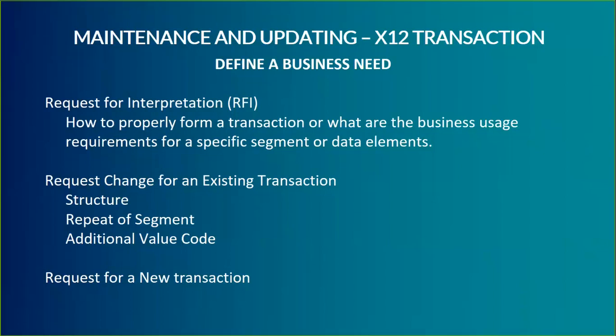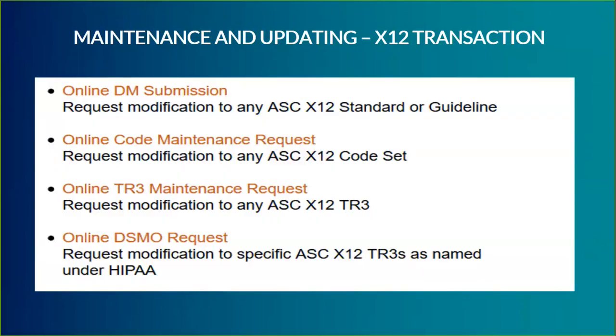So if you go out to X12, there are different parts and pieces, and it tells you how to do this all online. Okay, you could do something really simple and ask for a new code. And we've actually done that. The codes that are most often requested are new claim adjustment reason codes, claim status codes, and they've actually now taken on what we call entity. So like provider, payer, I don't know, bookmaker or something like that.